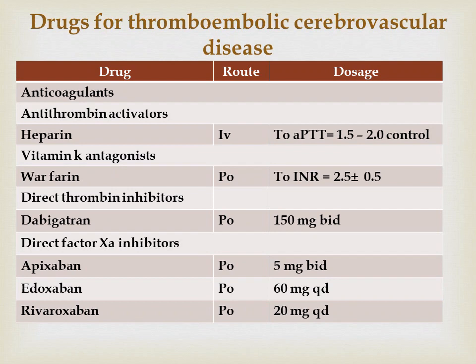Vitamin K antagonist, which includes warfarin, given per oral to INR of 2.5 plus minus 0.5. Direct thrombin inhibitor, which includes dabigatran, also per oral, 150 milligram BID. Direct factor 10 activator inhibitors, as I told, apixaban, edoxaban, and rivaroxaban.